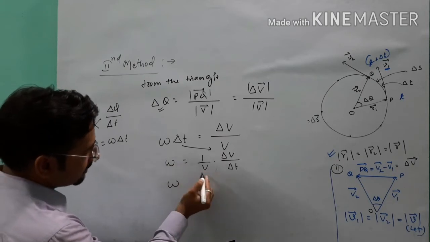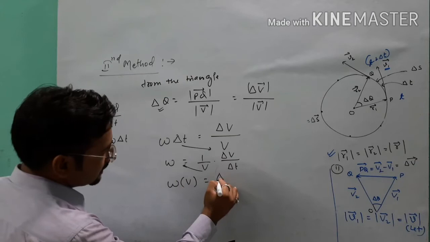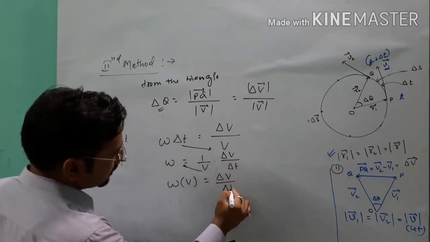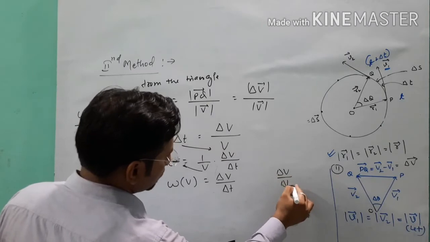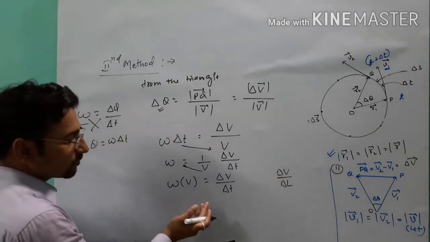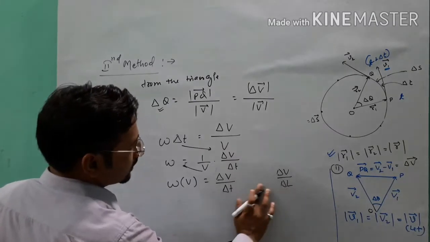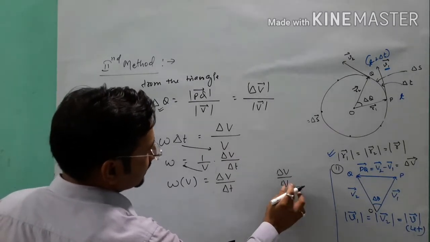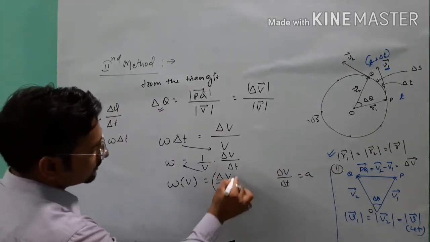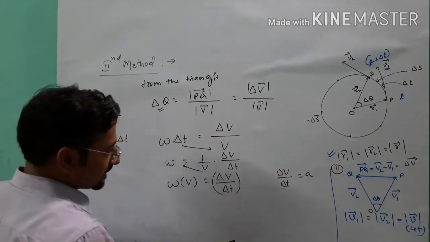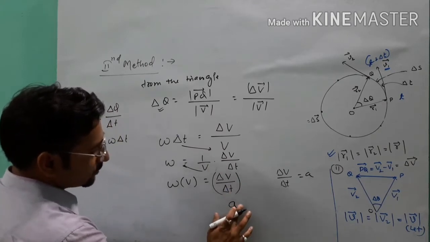If you want to multiply here, you can multiply omega into v, and this is delta v over delta t. And if you think about the value of delta v over delta t, as delta t tends to 0, you can write directly here delta v over delta t is equal to acceleration.